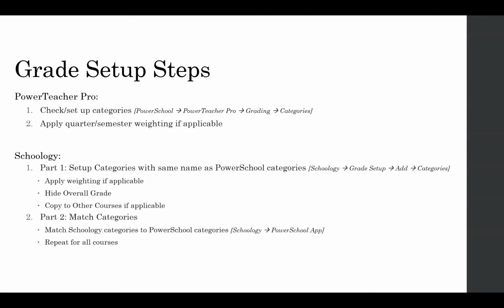And then the second section is to go to Schoology, go to the grade setup area, create your categories, choose the same names as your PowerSchool categories, apply weighting if it's part of your course, hide the overall grade and visibility settings, and copy to other courses if applicable. And then the second part is to match those categories by going to the Schoology PowerSchool app, match them up, and then repeat those steps. Repeat the matching up for your other courses.